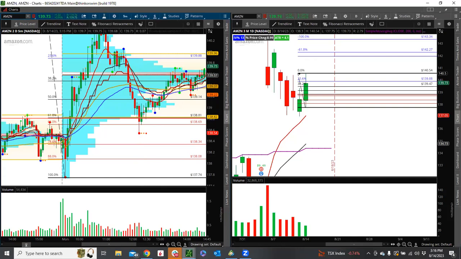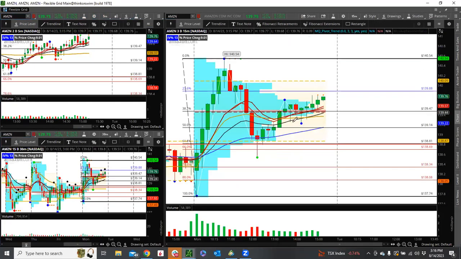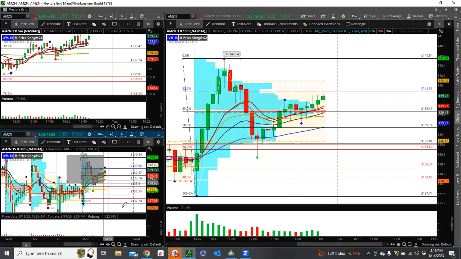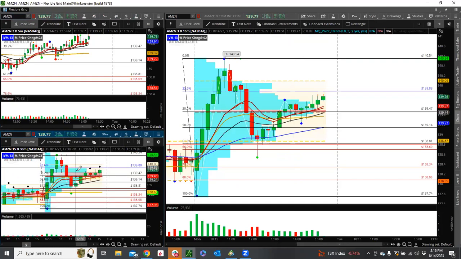But before we get into that, let me also show you what I'm looking at on the 15-minute and the 30-minute. Again, I'm looking at these higher time frames, the multi-time frame analysis. I'm looking for the 15-minute and the 30-minute to support my thesis that I should be looking to go long.